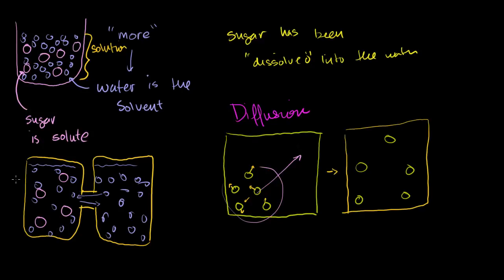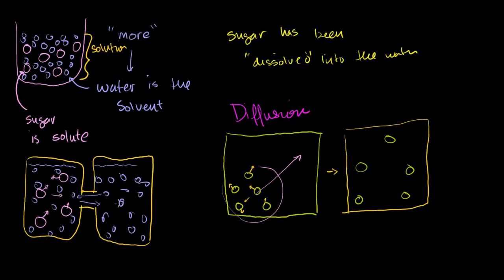All of these things have some type of kinetic energy. They're all bouncing around. Over time, the water is going back and forth. This water molecule might go that way, that water molecule might go that way, but they net each other out. But over time, one of these big sugar molecules will be going in just the right direction to go through. Maybe this guy, instead of going in that direction, starts off going in that direction.